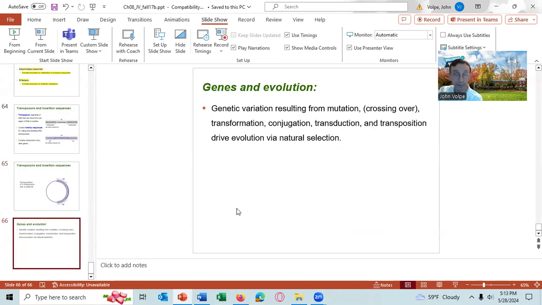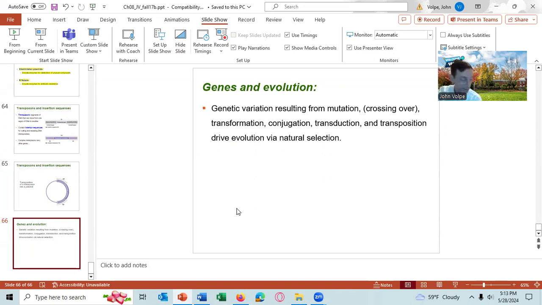All right, so let's end this lesson talking a little bit about genes and evolution. Genetic variation is the difference in the genes. New genetic variation can only come about from mutation.